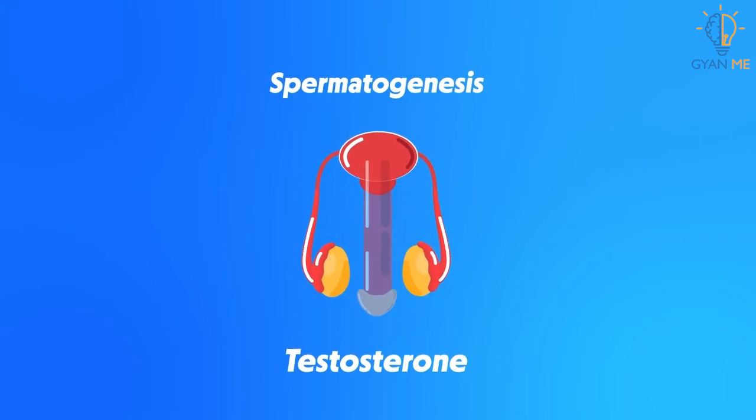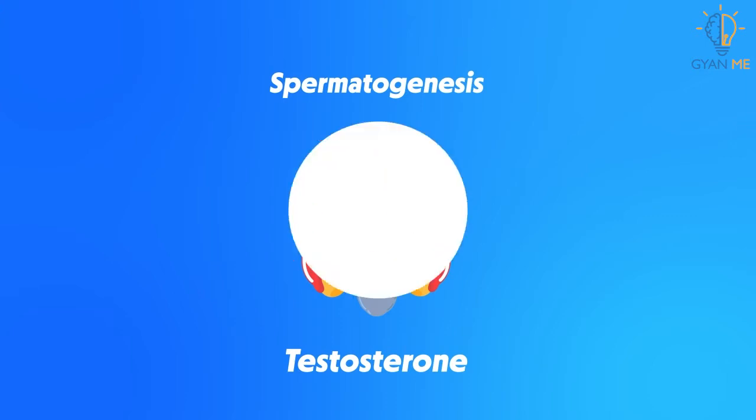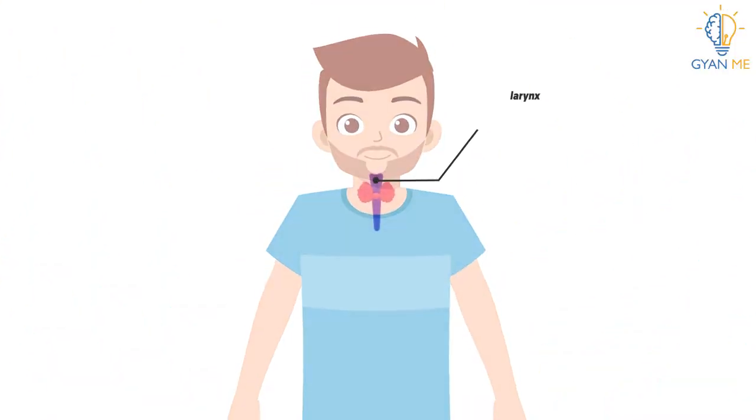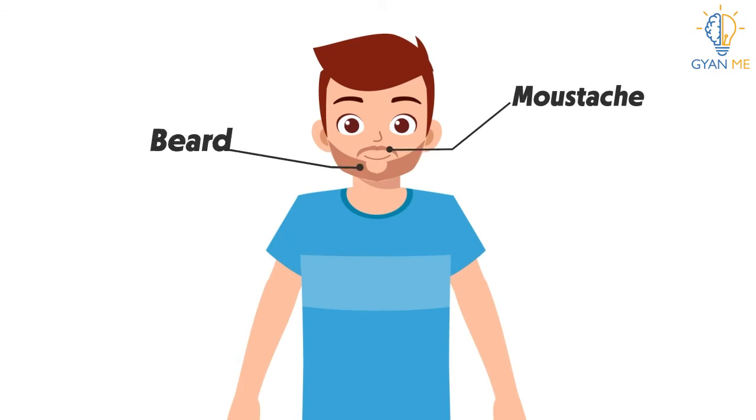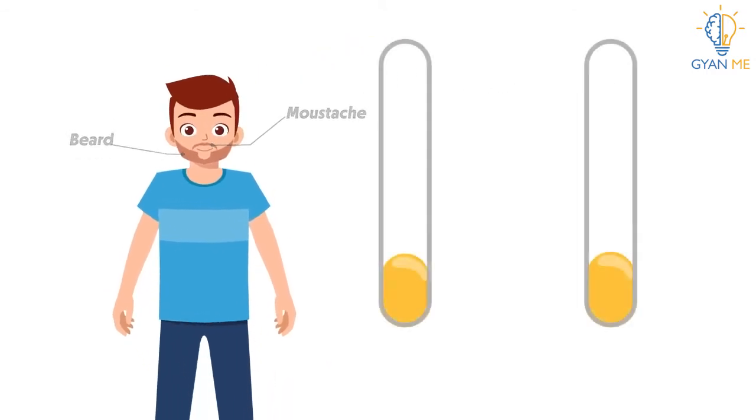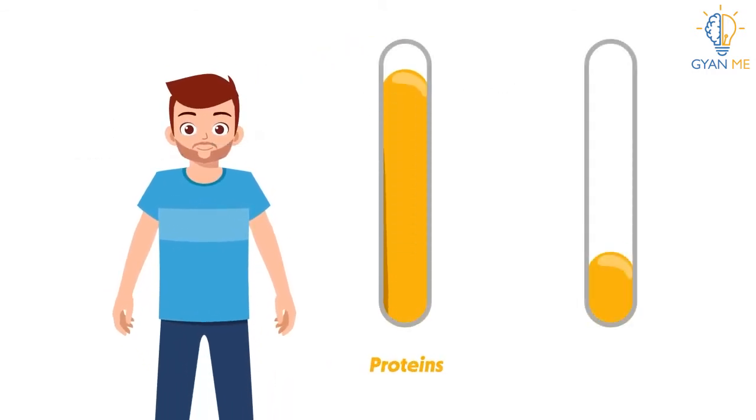Testosterone hormone also helps in the development of secondary sexual characteristics such as the enlargement of the larynx and the thickening of voice and the growth of facial hair like mustache and beard. It increases the production of proteins and increases muscle development.